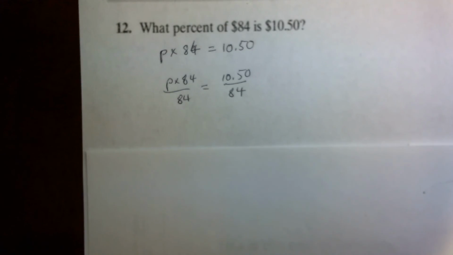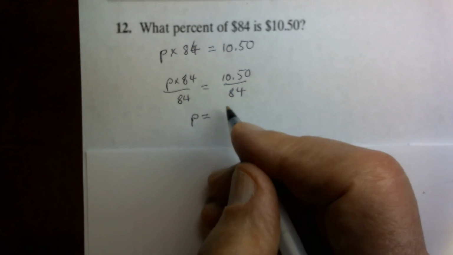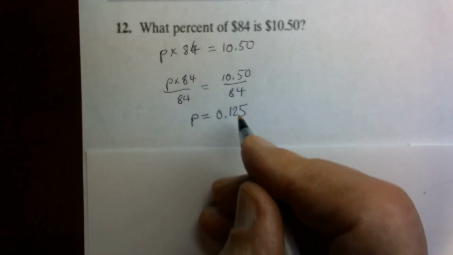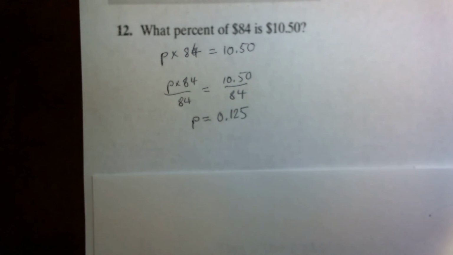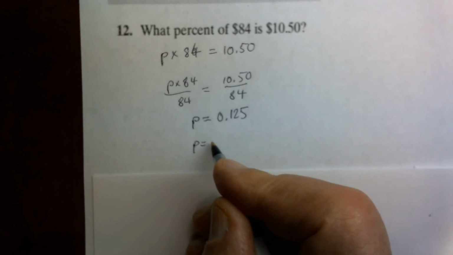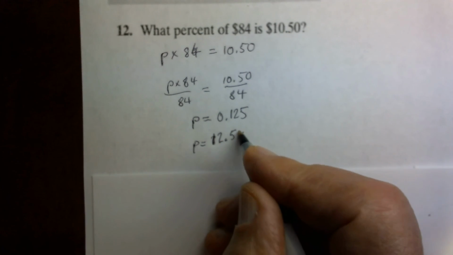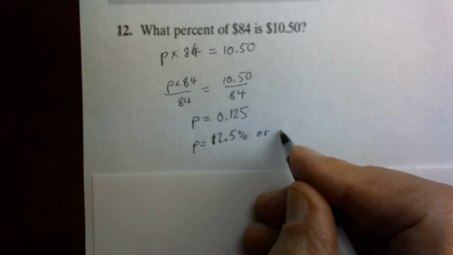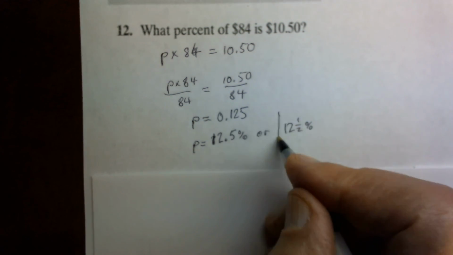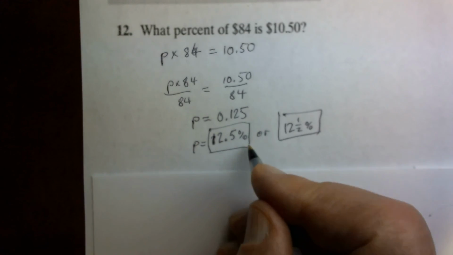So we've isolated P on the left side. We have P, and 10.50 divided by 84 is 0.125. This means that P is equal to 12.5%. You can write it in this form or in that form.